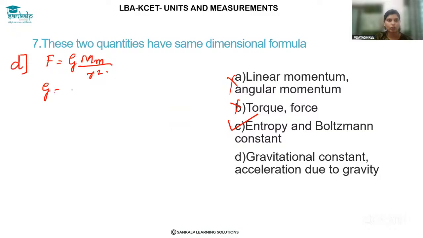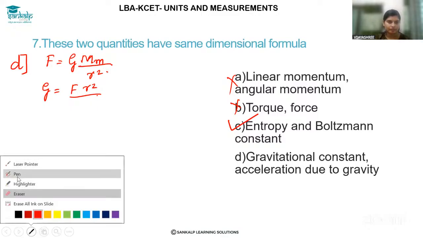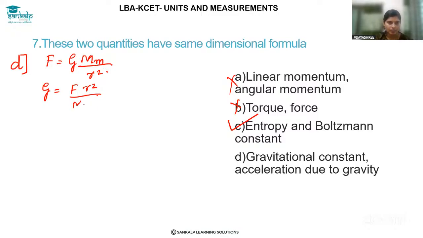Therefore, the gravitational constant is F into r² divided by capital M into small m.